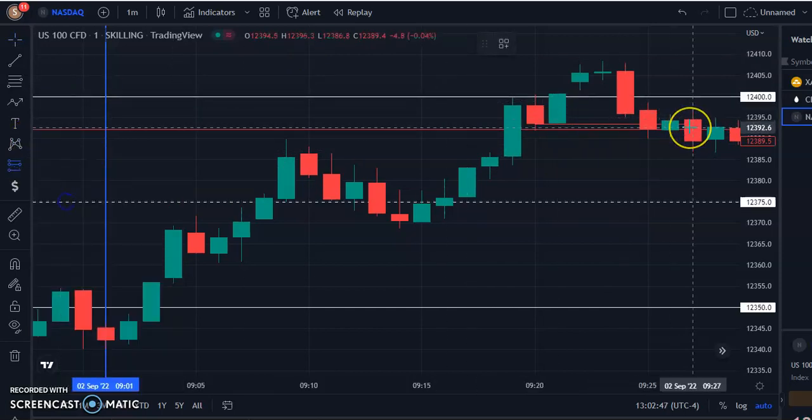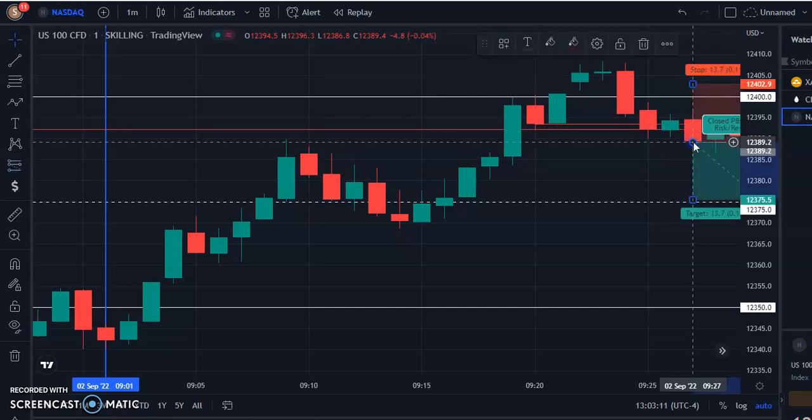I've noticed most of my trades are usually 5 minutes before the market opens, up to 15 minutes or even third hour trades. But now this is my entry. This is where I enter.